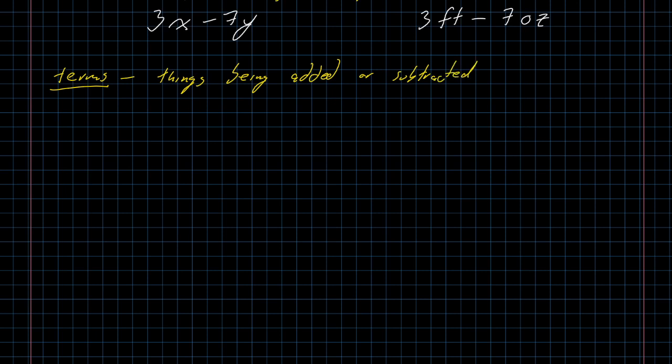In the study of algebra, we generally use as one of our basic units terms. Terms are things being added or subtracted. In this simple expression, we have 2 terms. 3x is a term, 7y is a term.